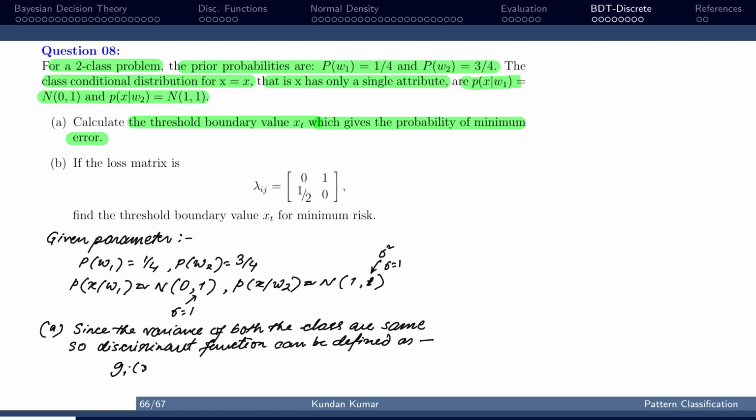g_i(x) equal to minus 1 by 2 ((x minus mu) divided by sigma) square, plus ln P of omega i. Here we have considered the univariate probability density function.